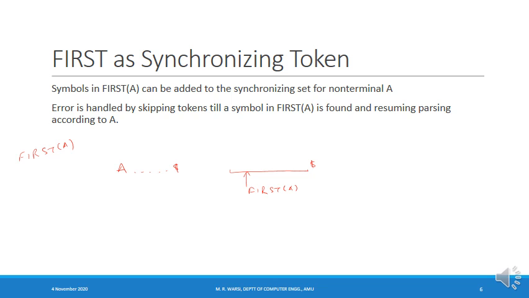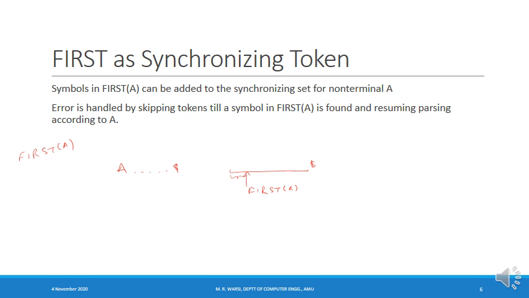I can interpret it in this manner: since at this stage the parser is expecting the string derivable from capital A, and the string derivable from capital A is appearing later on in the input buffer, by mistake the user has inserted some input symbols before that particular string, so many input symbols have been inserted by mistake by the programmer.